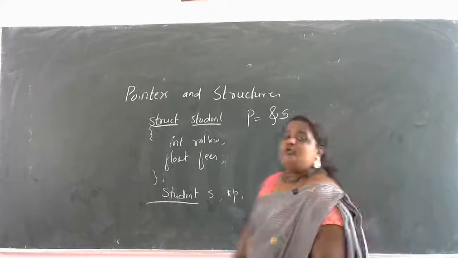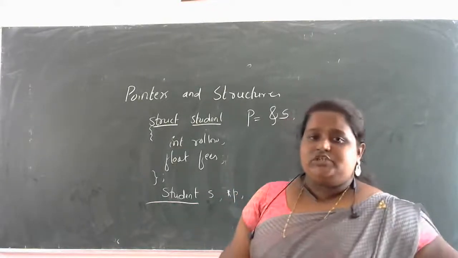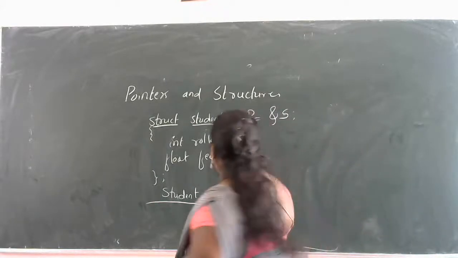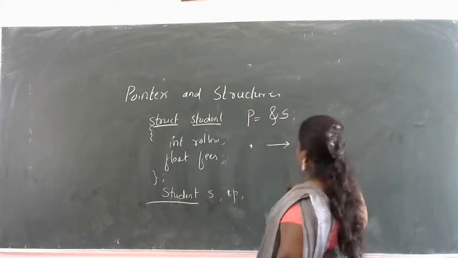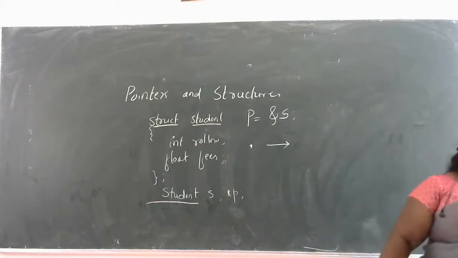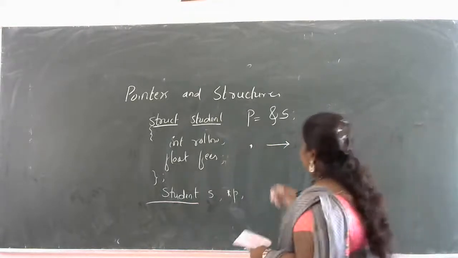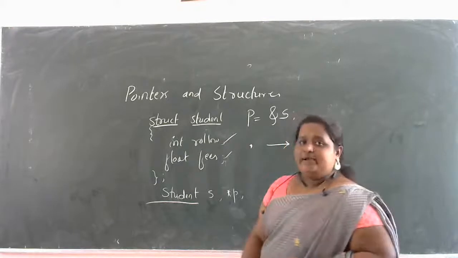And how to access the members of your structure, how to access the variables of your structure? Either by using dot operator or arrow operator, we can access the variables. How can you access this roll number and fees?